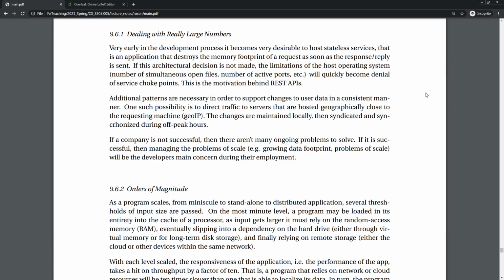It doesn't have to be the same one every time, and then that server is able to service the request and send the response back. And so that pattern is known as a REST API, and so it is a stateless API, representational state API, something like that. I forget exactly what it stands for.